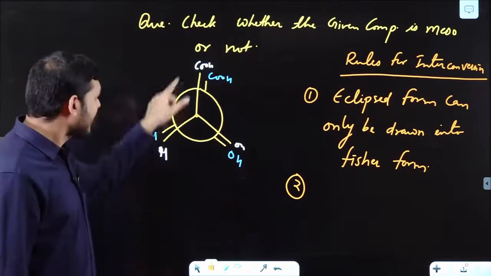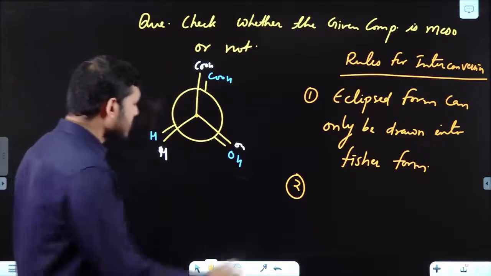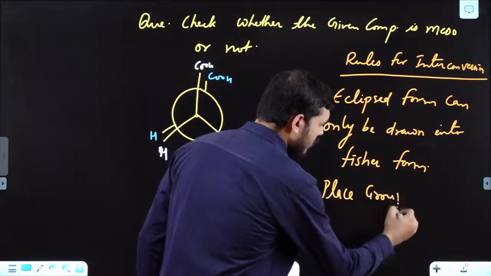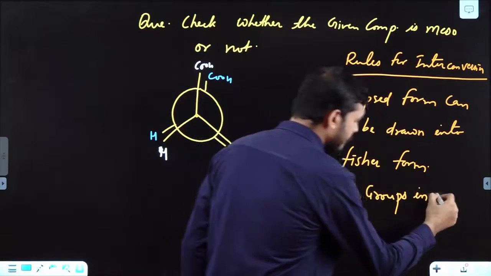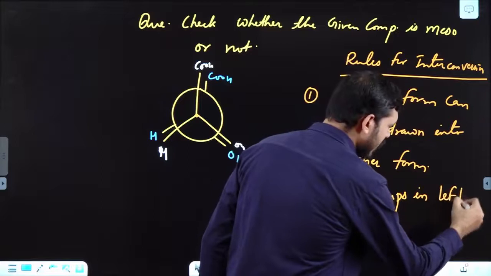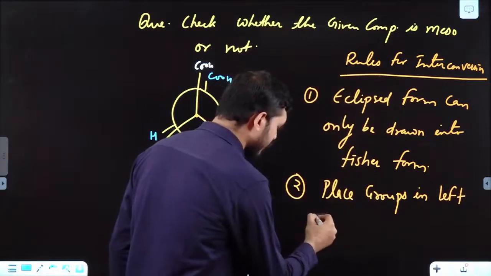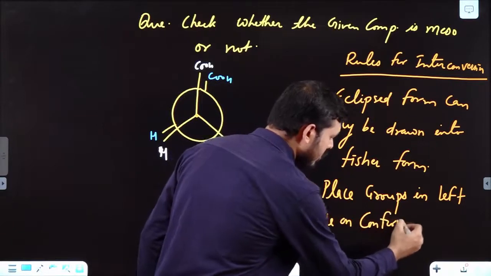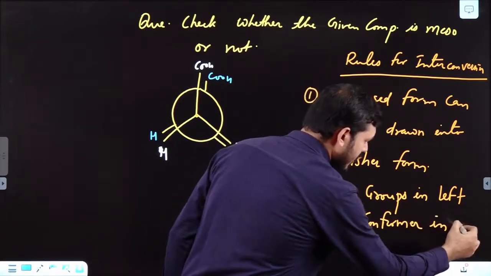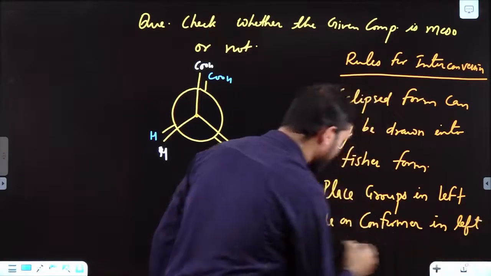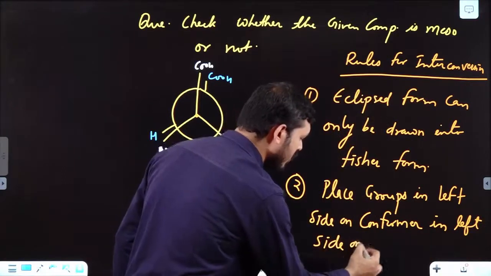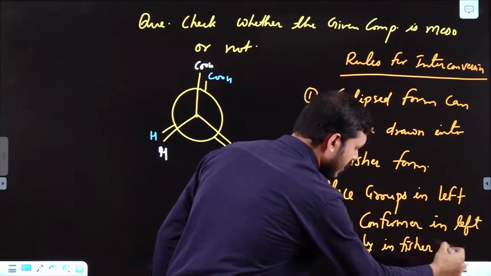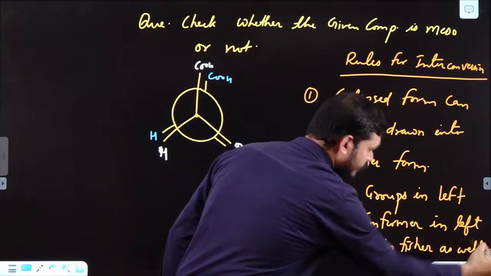Clear? Now, if I have to draw this part only, place groups in left side on conformer, in left side only in Fischer as well.